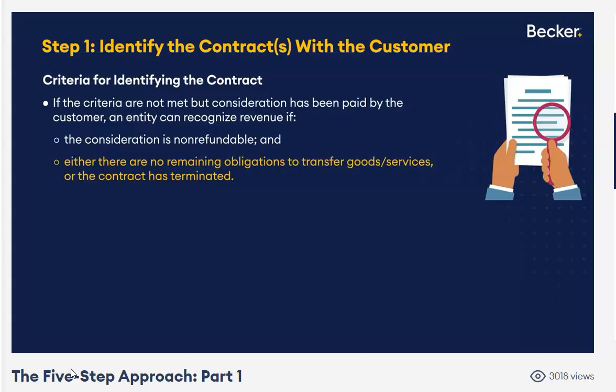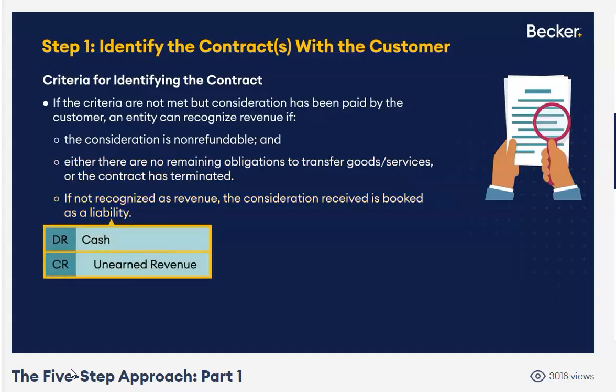If they paid the invoice, so I received the money and I fulfilled my obligations, and I don't have anything else I have to do, then and only then can I recognize revenue under the circumstances of not having had a contract. If that's not the case, I'm on the cash basis. So I would receive the money, but if I still have work to do, I would credit unearned revenue.